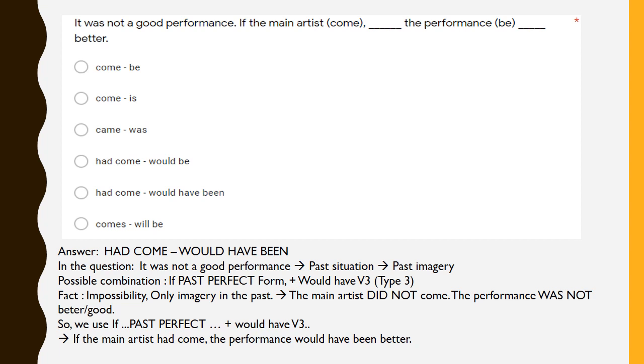The performance was not better or good. So we use if past perfect combined with would have verb 3. Therefore, the right sentence is: if the main artist had come, the performance would have been better.